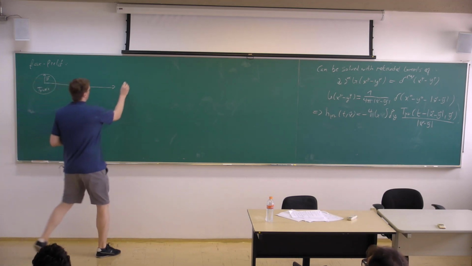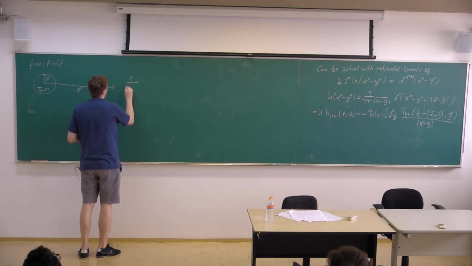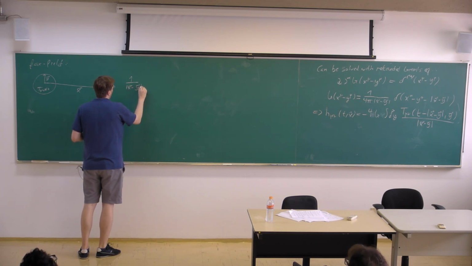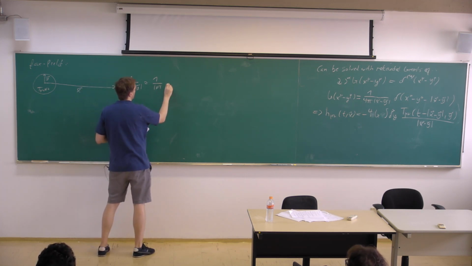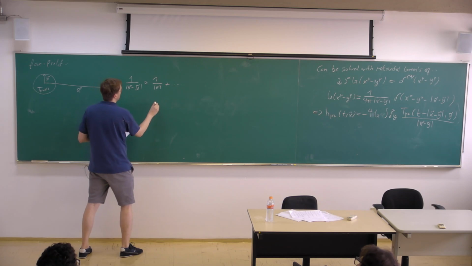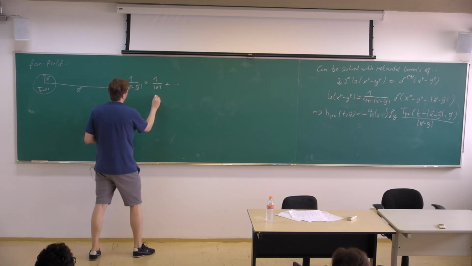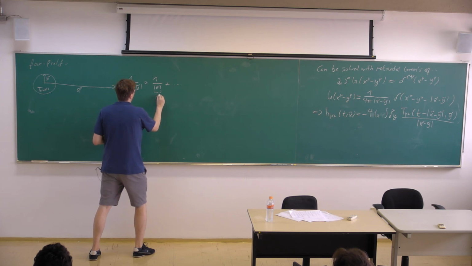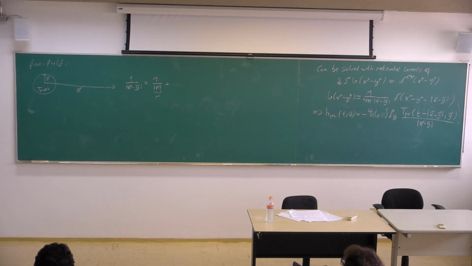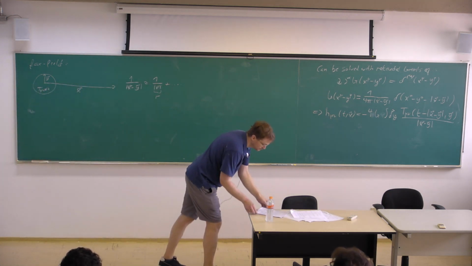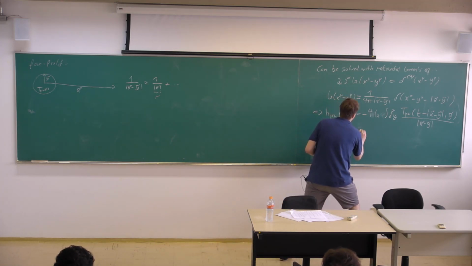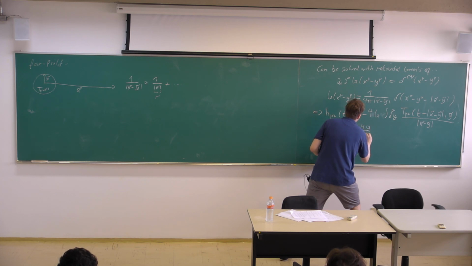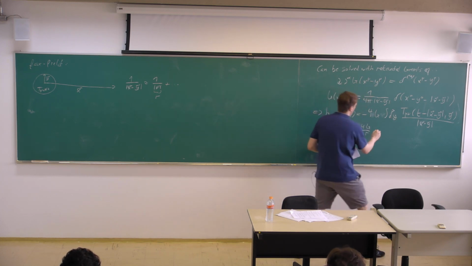Then I can make the approximation that this is approximately 1 over x, so I just neglect the y. We call x r, just to simplify the notation a little bit. Then I can write this as minus 4G over r. The r now doesn't depend on the y anymore.